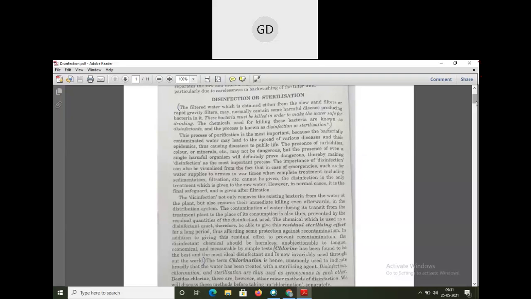Now, if I say that you have two bowls of water. In one bowl, the water has turbidity, color, or some smell.